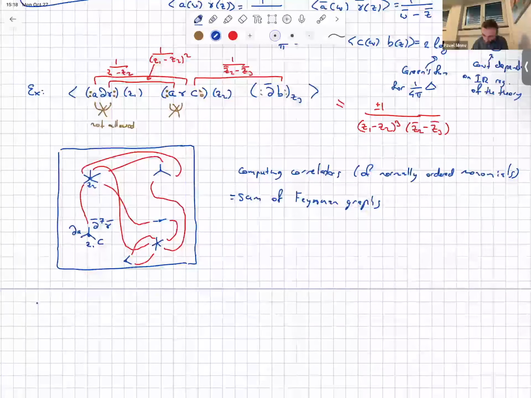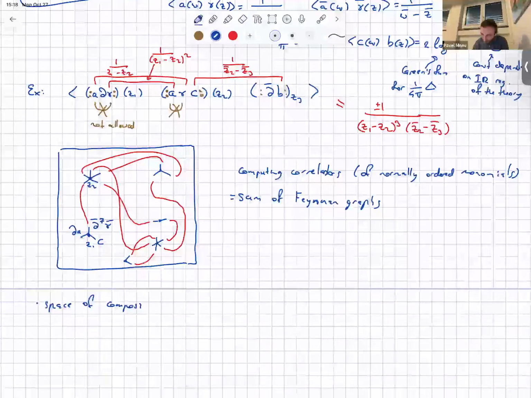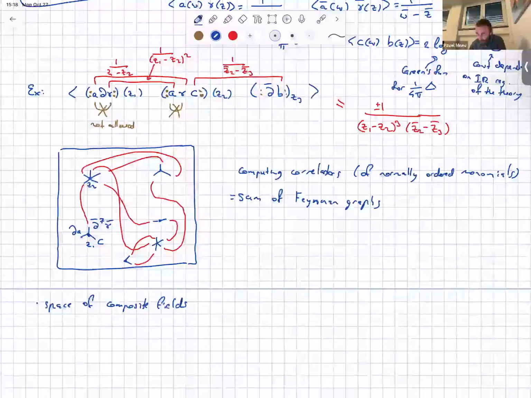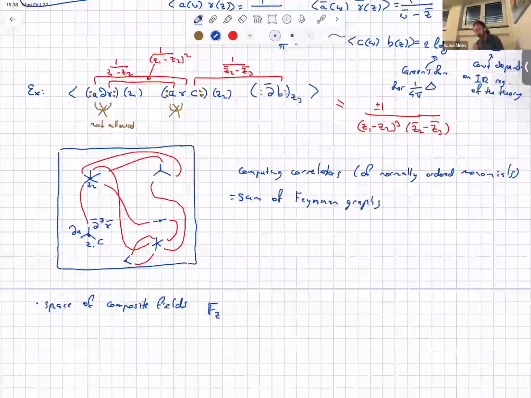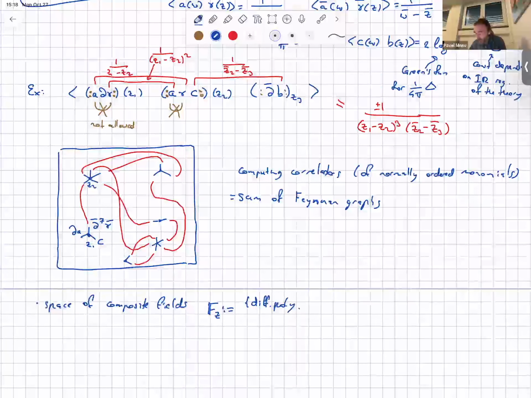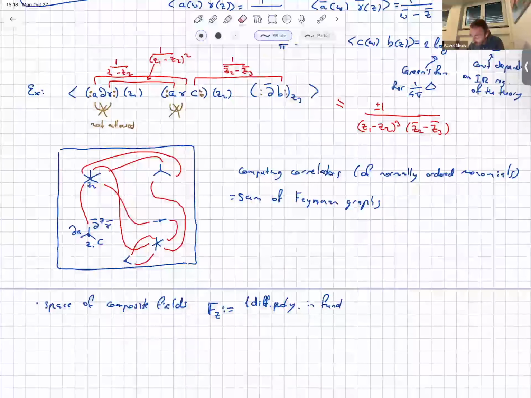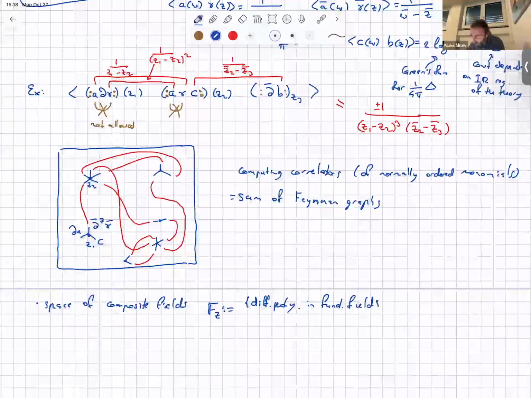So the space of composite fields, let me call it differential composite fields at a point Z. These are differential polynomials in fundamental fields. So fundamental fields for me are this A bar, gamma bar, B, and C. Well, I think of them as normally ordered.